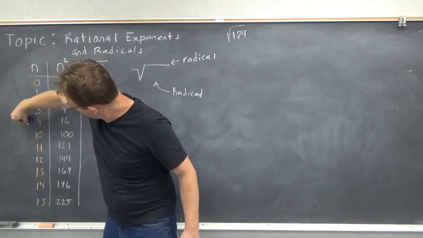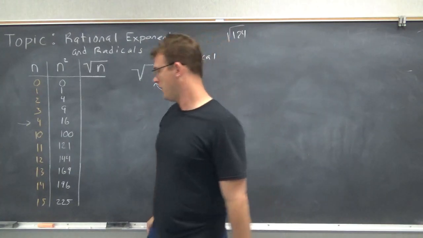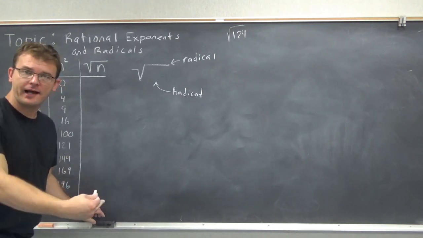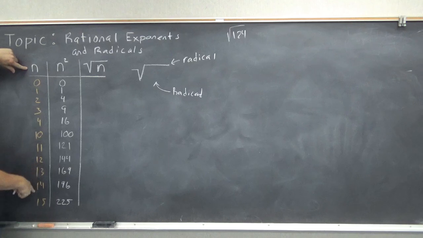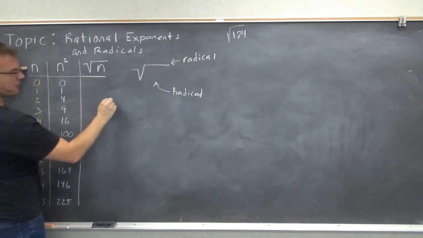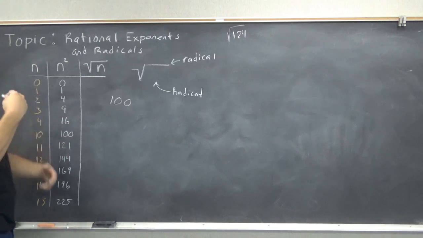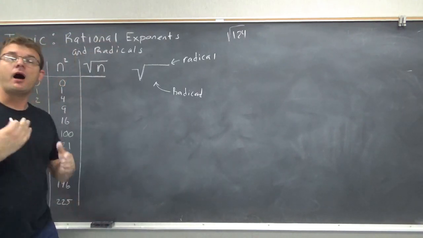Yes, I do know how to count. But what I want us to pick up is that you have n. n is just a number, any number I want, but we're going to stick to positive numbers.